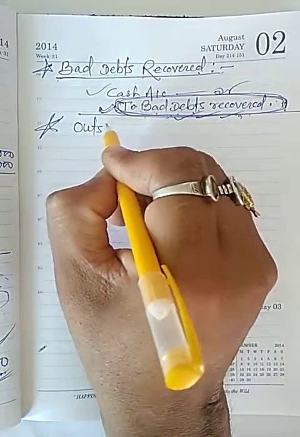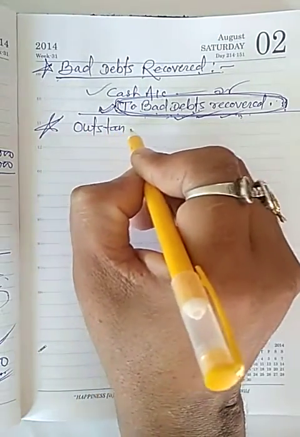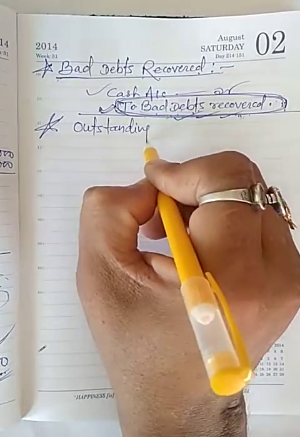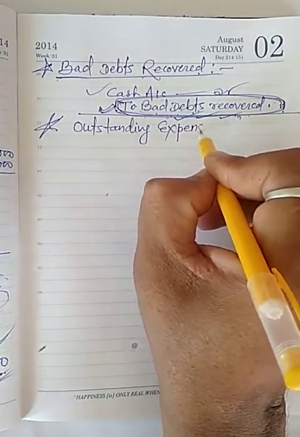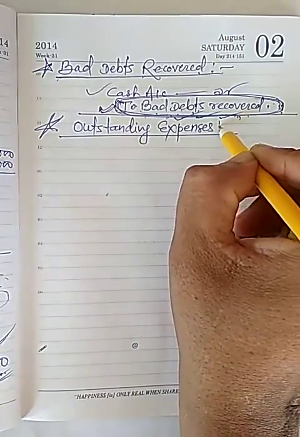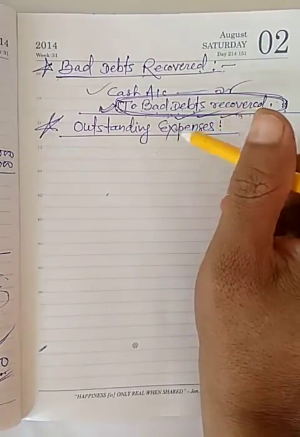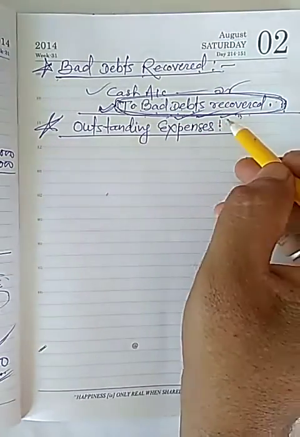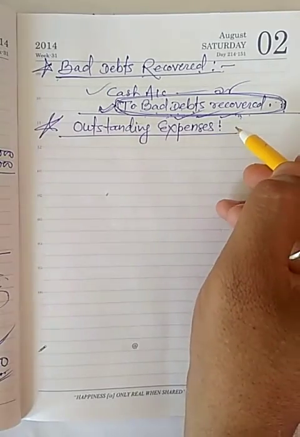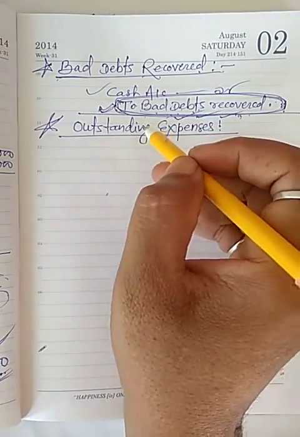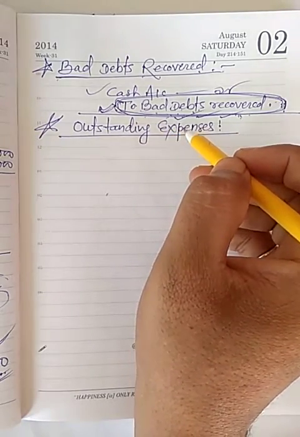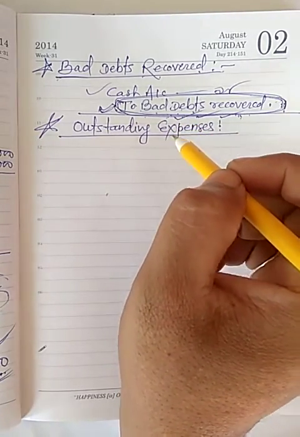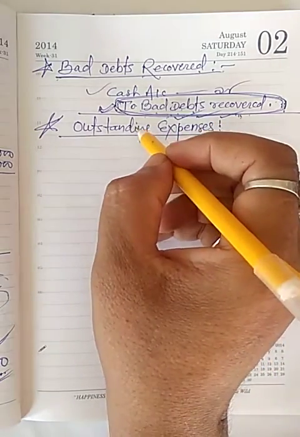Outstanding expenses. It is quite common for a business enterprise to be left with some expenses which are yet to be paid at the end of the accounting year.